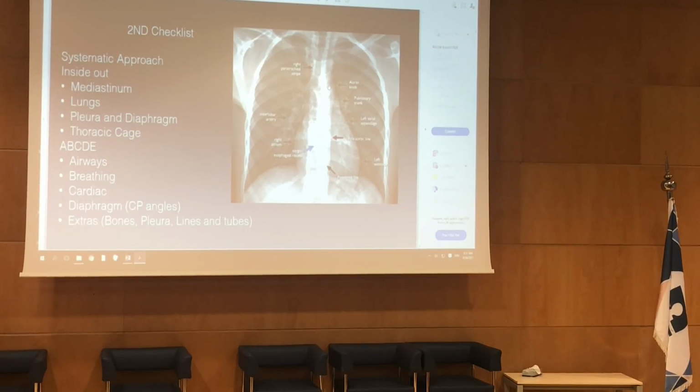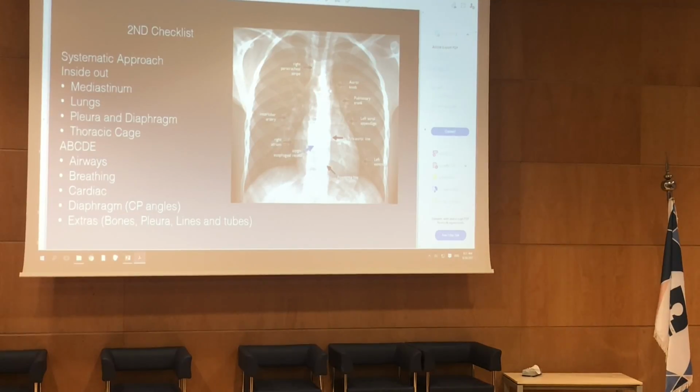Okay. And we will see an image in a moment that will show it better. Then after you finish the mediastinum, including the heart, you will check the lungs, lung spaces, the costophrenic recesses, the diaphragm, above and below the diaphragm, the pleura, and then the chest wall, so inside out.